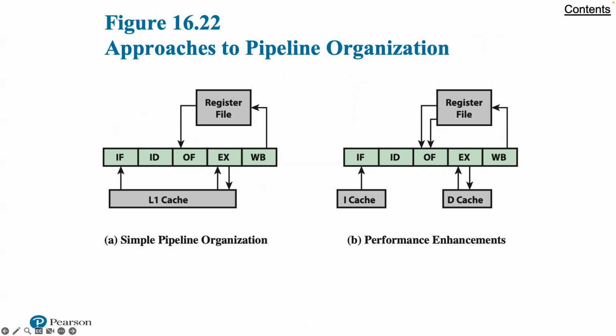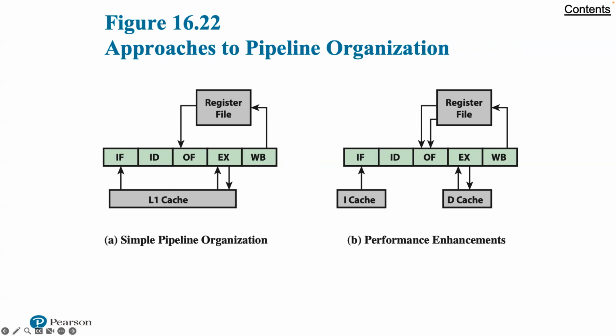The operand fetch reads and buffers any register operands. Then we have the execute, which performs the indicated operation or memory load or store. This involves memory access through the cache. Then we have write back, which writes back the instruction results to its destination register.